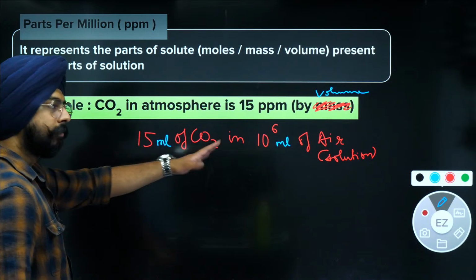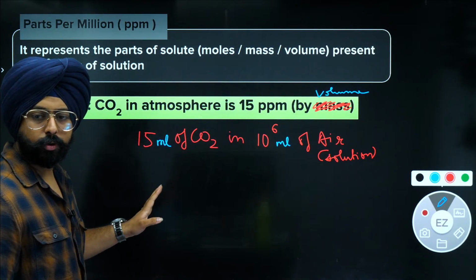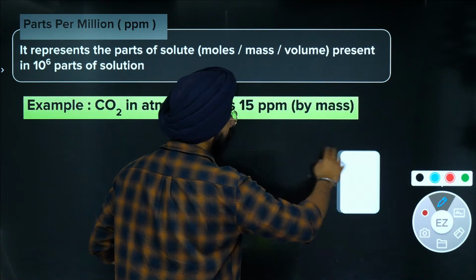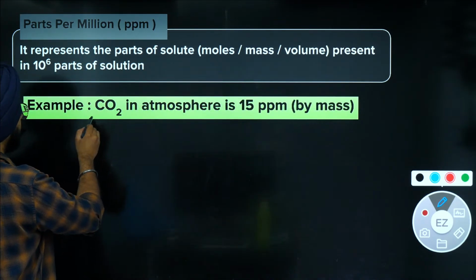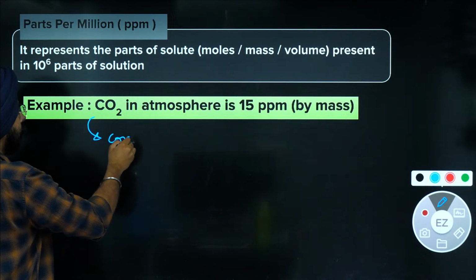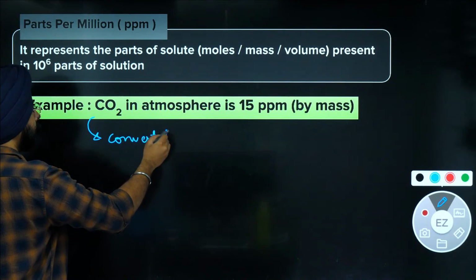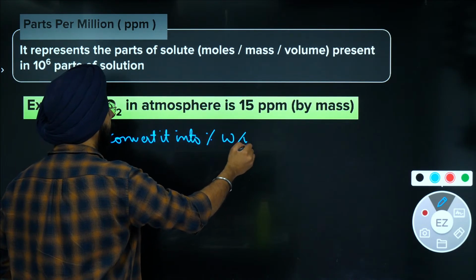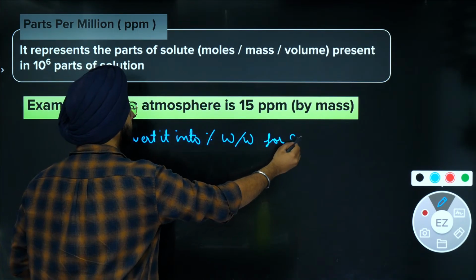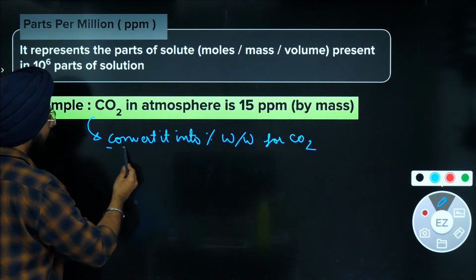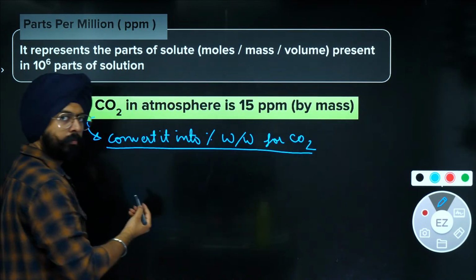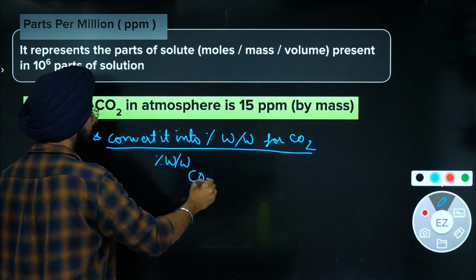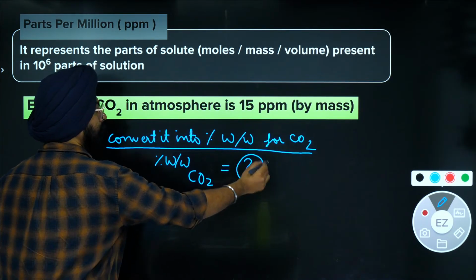Fine. Parts per million is clear, I'm sure. Okay. Perfect. So, my dear friends, take this statement and convert it into percentage weight by weight for CO2. Percentage weight by weight for CO2 is equal to, please tell me the answer.